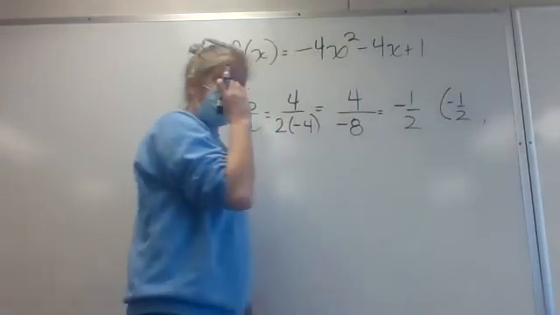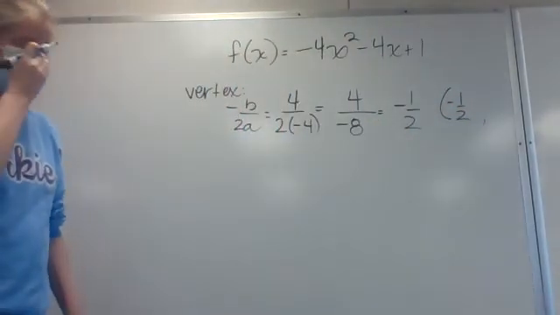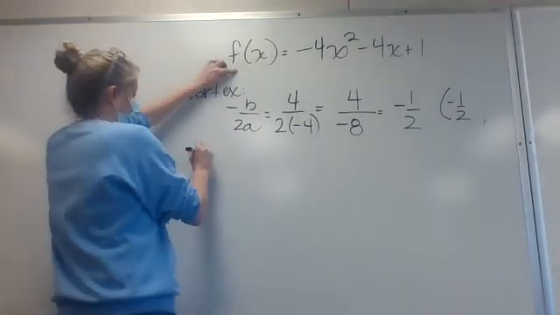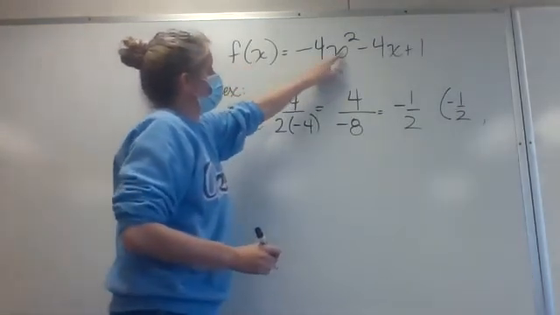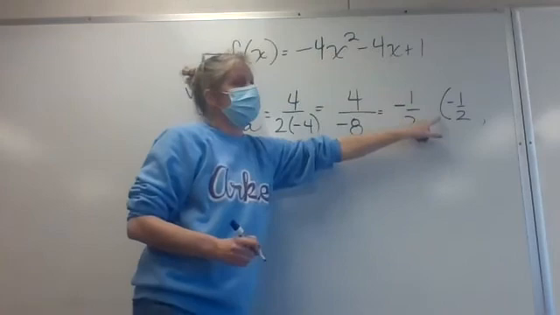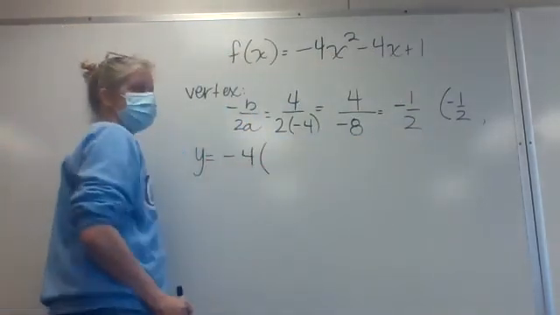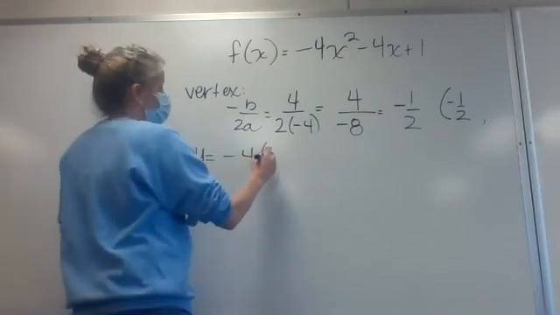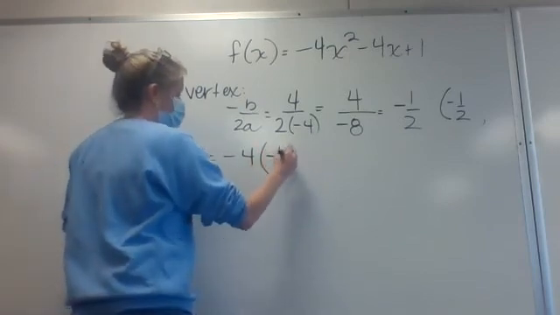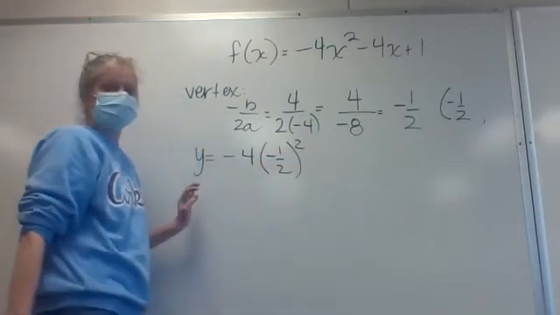So there's the x coordinate. The y. So I'm going to replace these x's with negative 1/2. So I have negative 4, open, negative 1/2, thank you. Square, close it, square it.